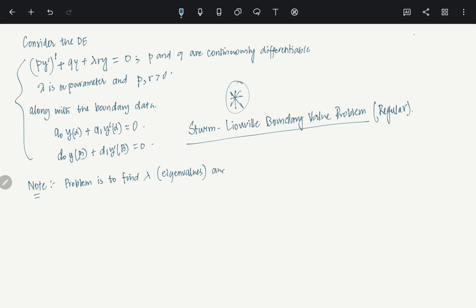And the corresponding non-trivial solutions. Is it okay? This is the problem, corresponding non-trivial solutions you have to find.